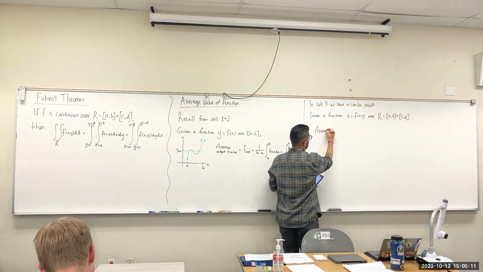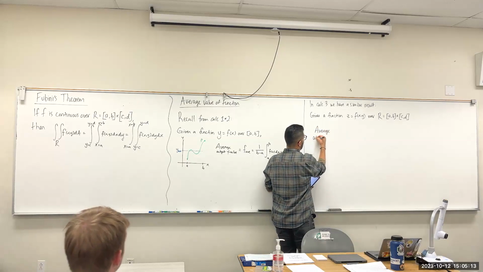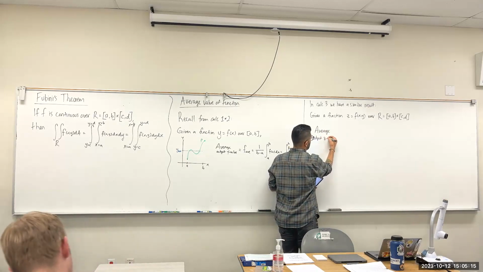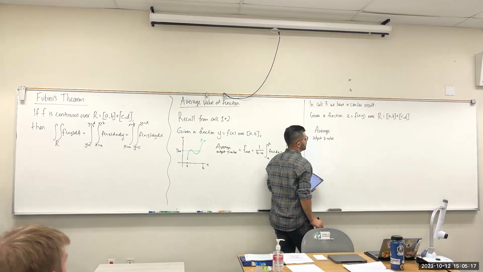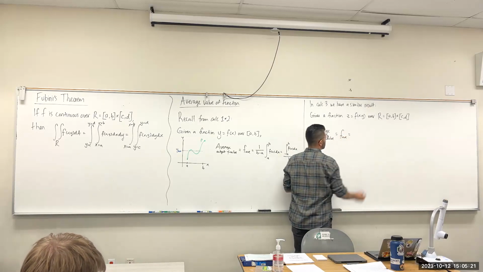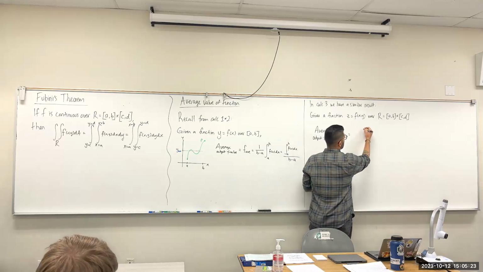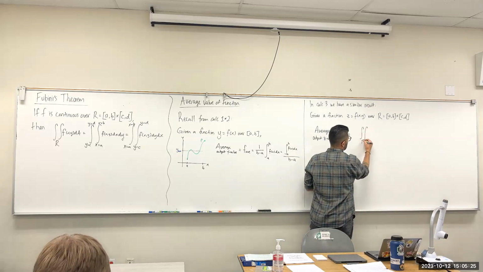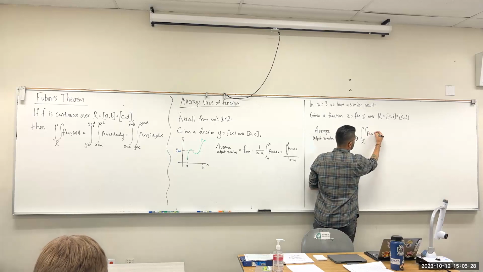The average output z value, which again we call f average, is going to be the double integral over that region R.